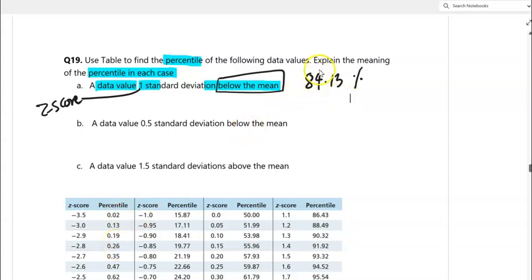So what do you mean by that? Explain the meaning of the percentile in each case. Let me write it down here.